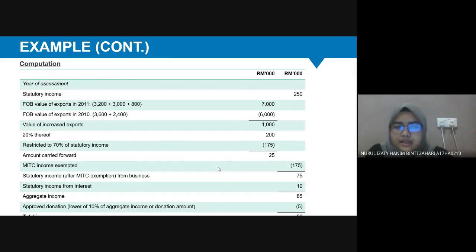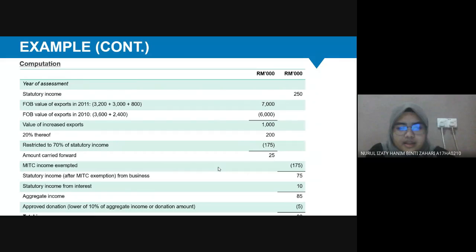And then 20% of the value of increased exports is 200,000. It is restricted to 70% of statutory income, which is 175,000. And then the amount that will be carried forward to the next year is 25,000.